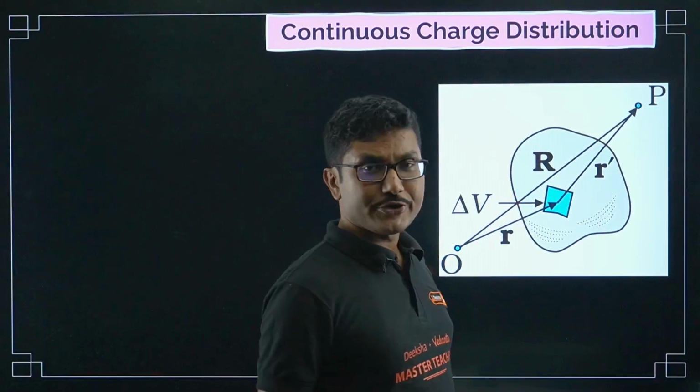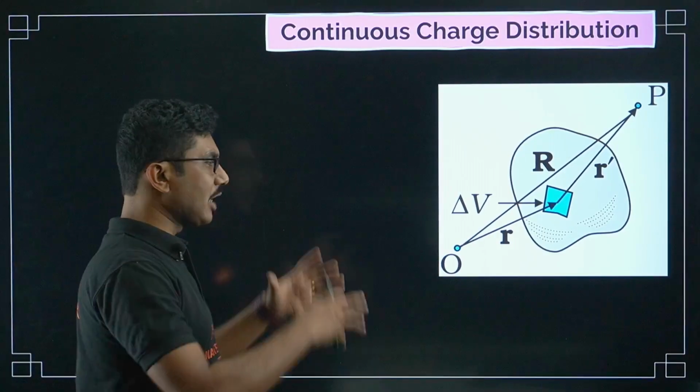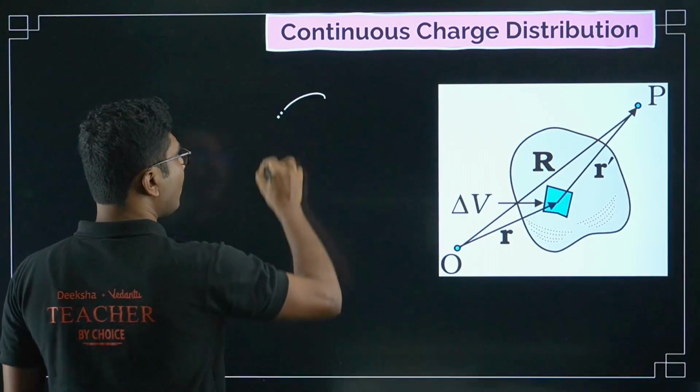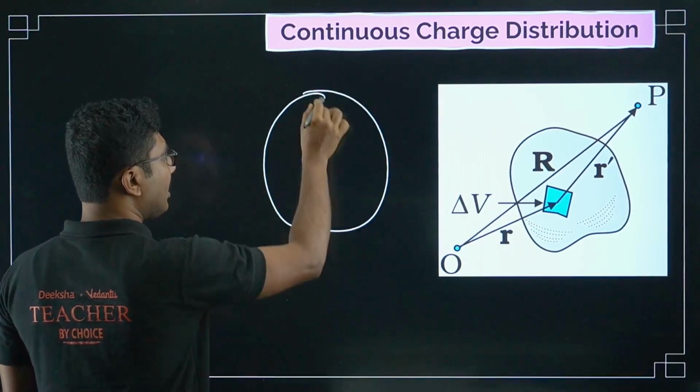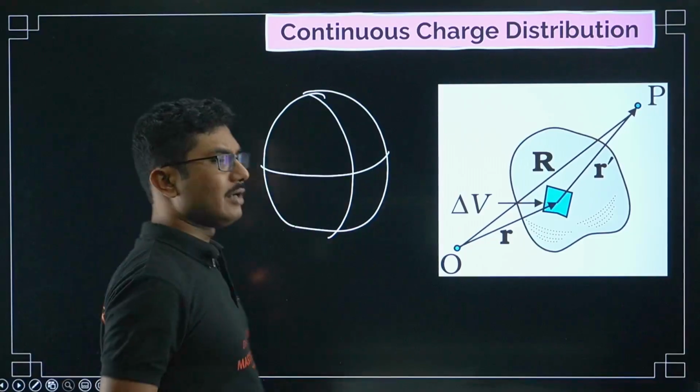Now continuous charge distribution. The third charge distribution is volume charge distribution. What is volume charge distribution? Now instead of having a surface, here we have a volume, three-dimensional, like an apple.